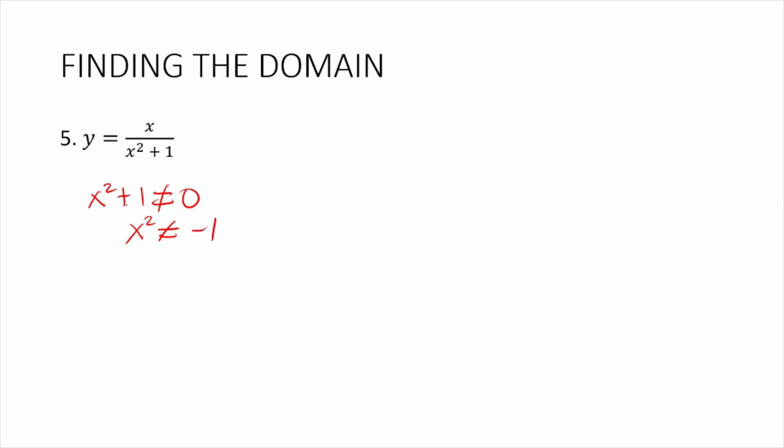Okay, and then if we take the square root of both sides of the equation, we actually get an imaginary number. In this case, it says that x must not be an imaginary number, and this works in our favor because we also want x to be a real number.